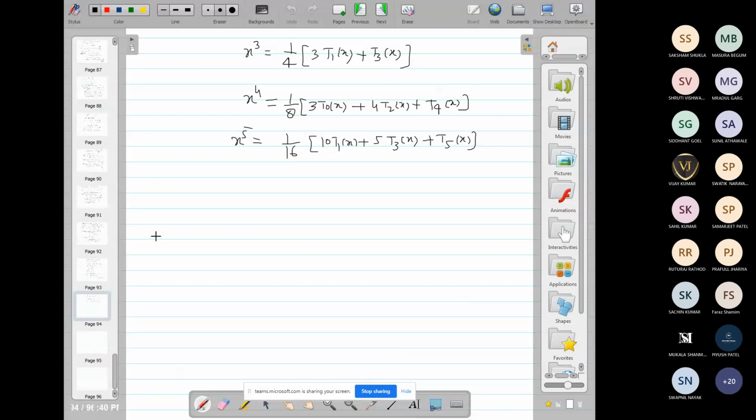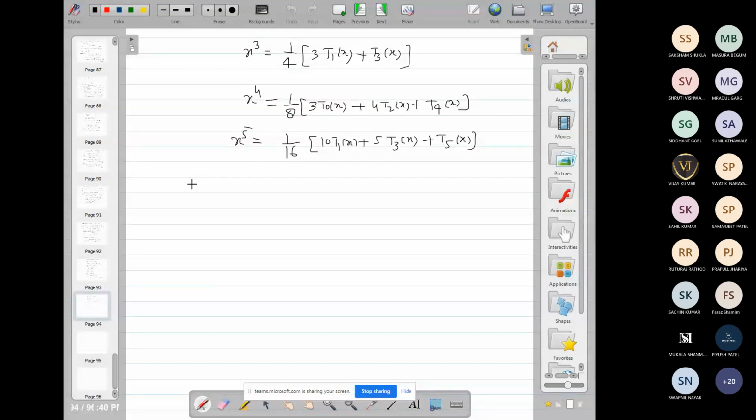Consider one example. And in the infinite series, if we consider only a finite number of terms, then that is known as economization of the power series.